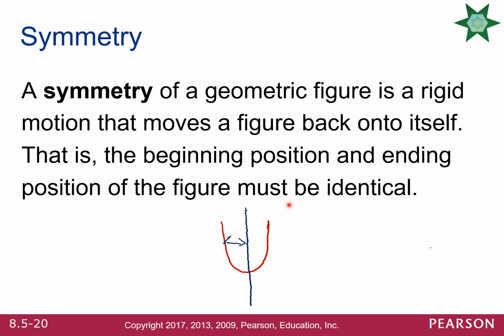All right. So that's what symmetry means. The beginning position and ending position of the figure must be identical. That's essentially what it means. So in any symmetrical figure, if you draw a line through the center, it'll be equal halves. All right, it'll be a replica. One side will be the replica of the other.